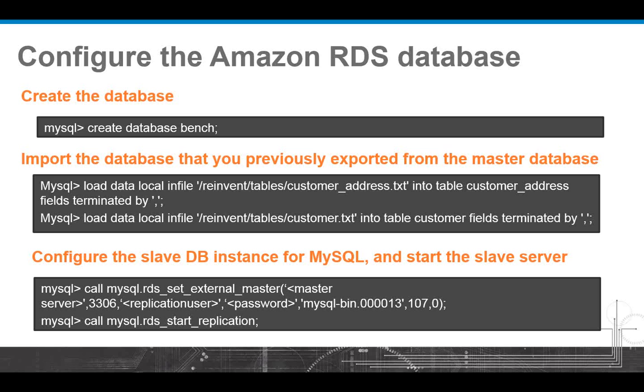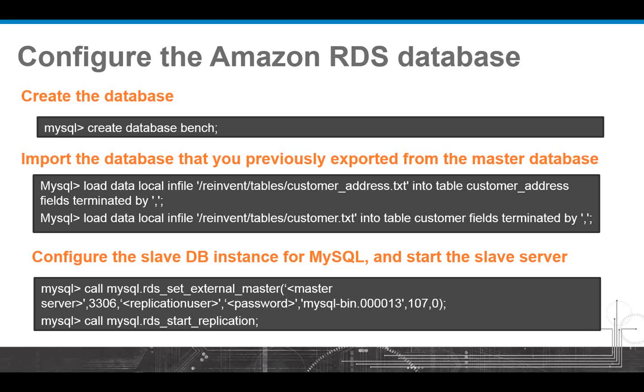Once the files are copied, you can create a database that reflects the schema of your on-premises instance, and then you can use a LOAD DATA LOCAL INFILE command or a MySQL import utility to establish the baseline.